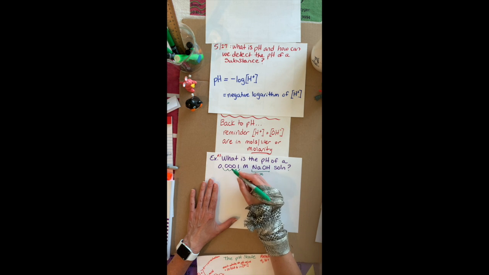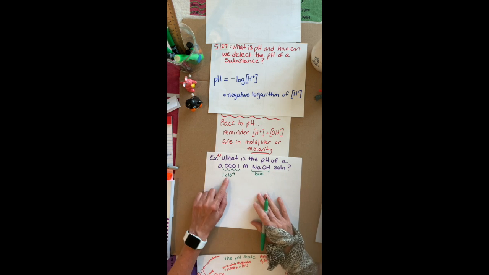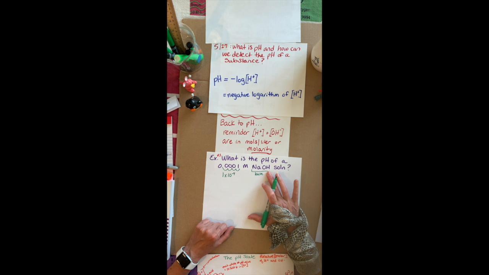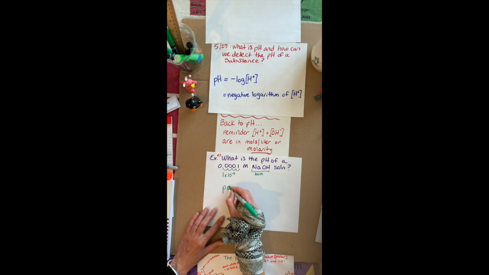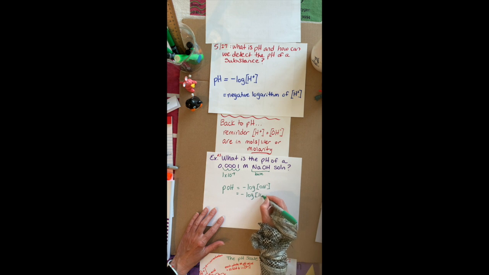Just like the last problem, we did 1, 2, 3, 4. So that's 1 times 10 to the negative 4 molarity. And that's the molarity of the hydroxide ions. So we do pOH equals negative log of the hydroxide ions. It equals the negative log of 10 to the negative 4. It equals negative 4.